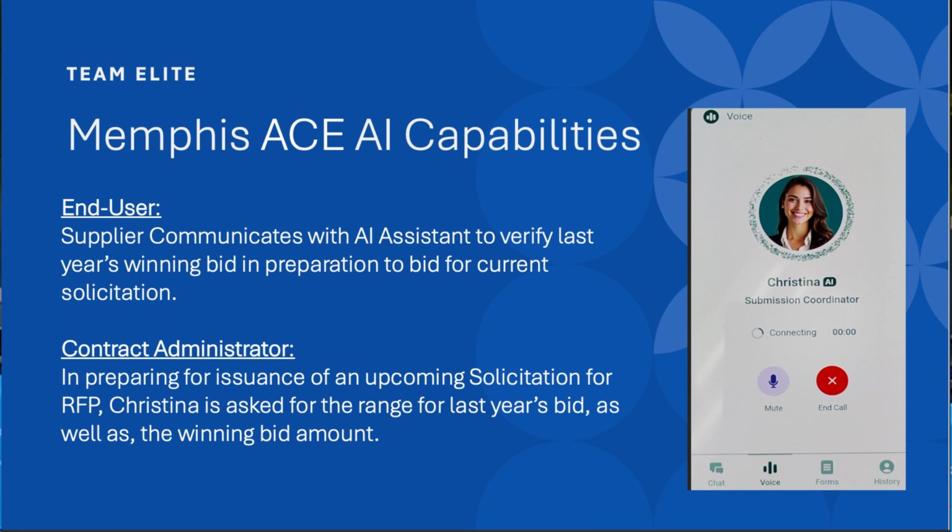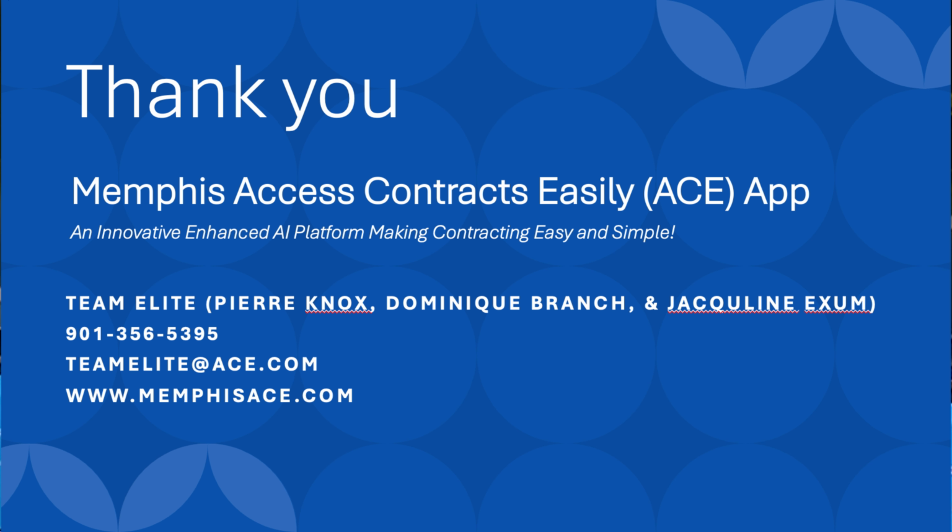So in summary, the program is called Memphis Access Contracts Easily, better known as the Memphis ACE application. It is a program designed with artificial intelligence guiding it to help business owners navigate the process of securing contracts easily.